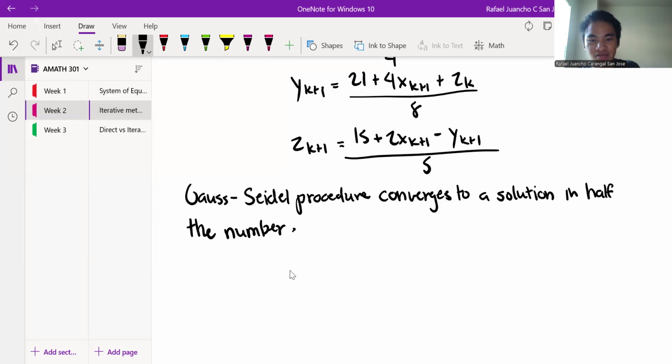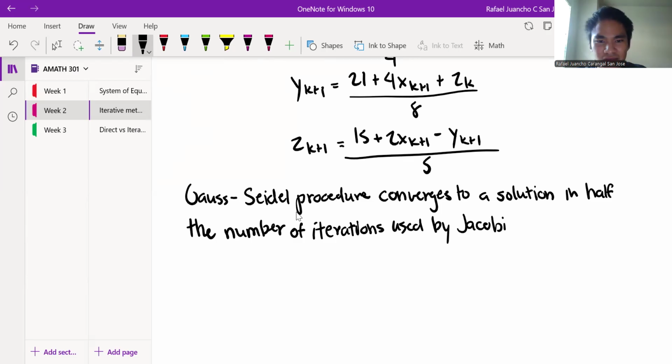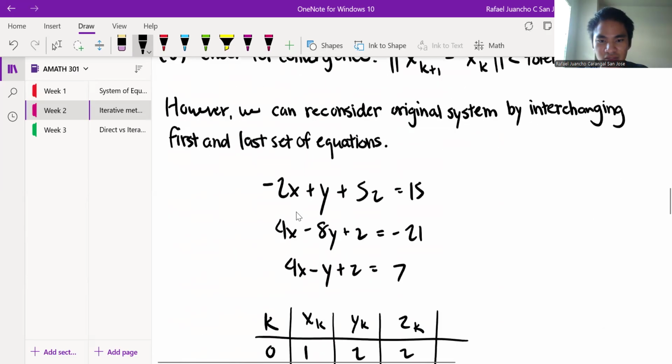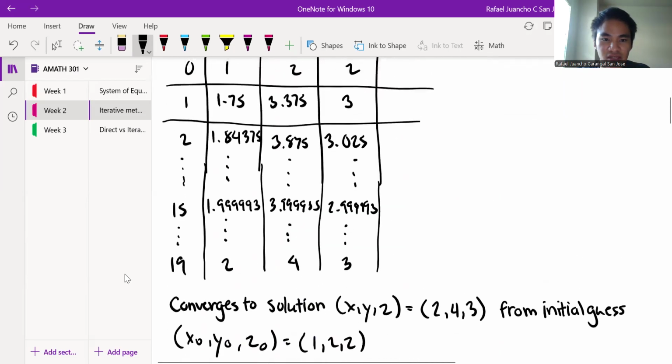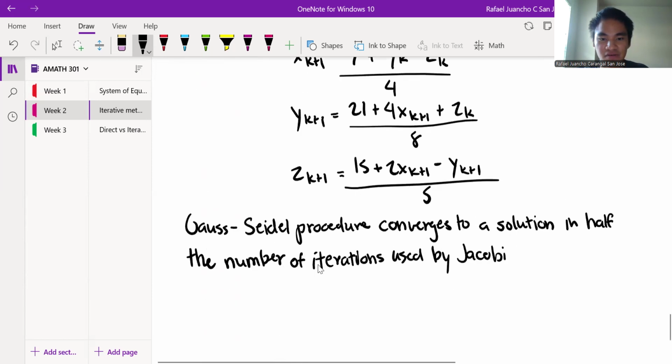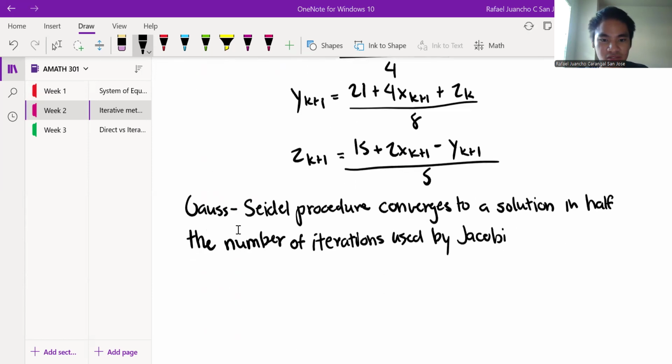So it makes it faster, right? Used by Jacobi. So our Jacobi reached like what, 19, I think? 19 iterations? I forgot. Yeah, 19. But here, if I look at my textbook, well, it reaches it at 10. So yeah, about half. 19 is close to 20. 20 divided by 2 is 10. So it reached it in 10 iterations.